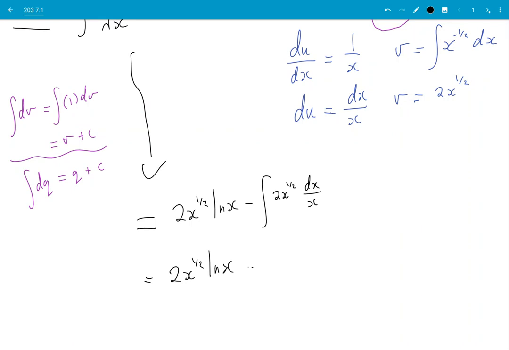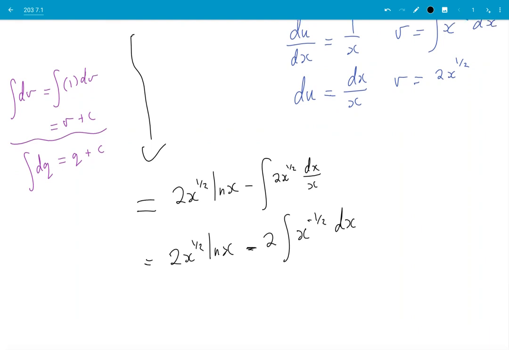Minus, what do I get here? Get the 2 in front, integral of x to the negative a half again. And then we get 2x to the 1/2.